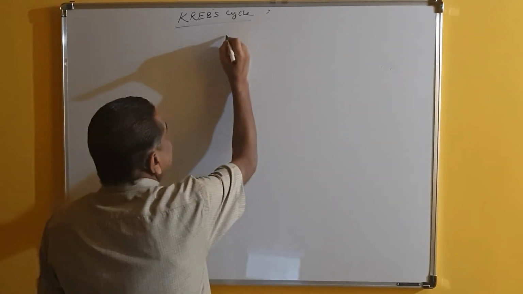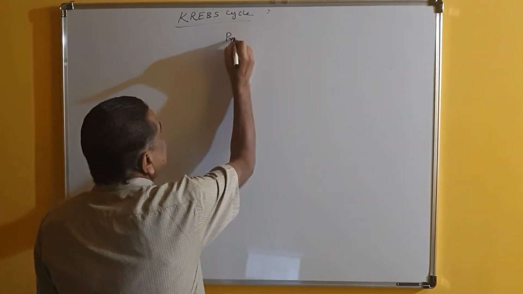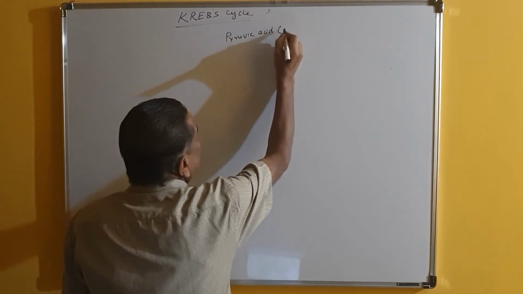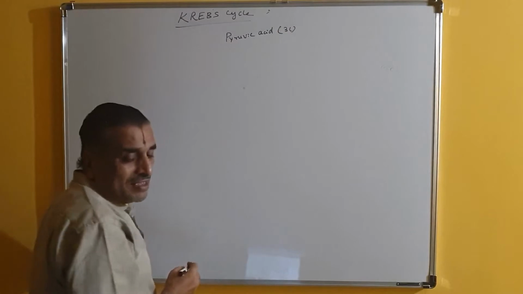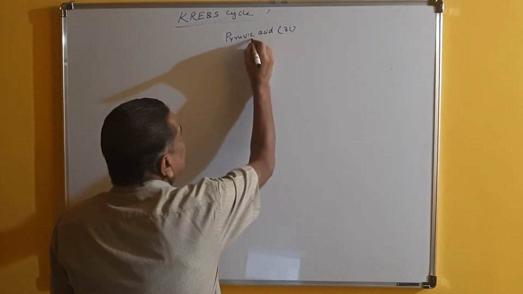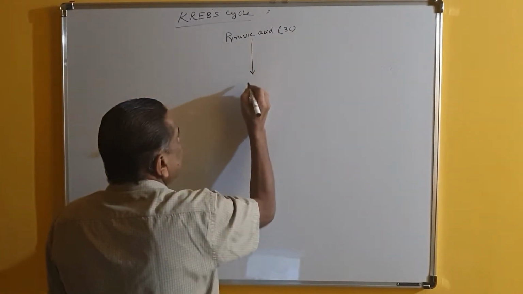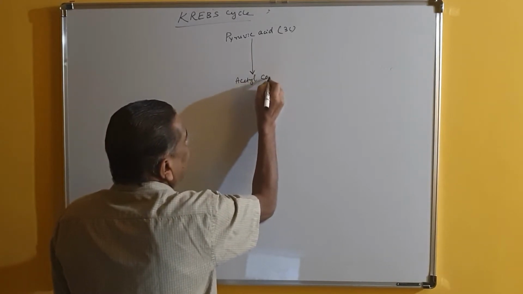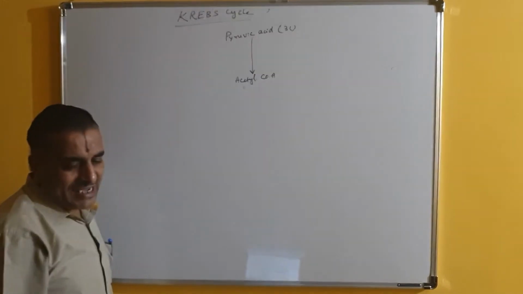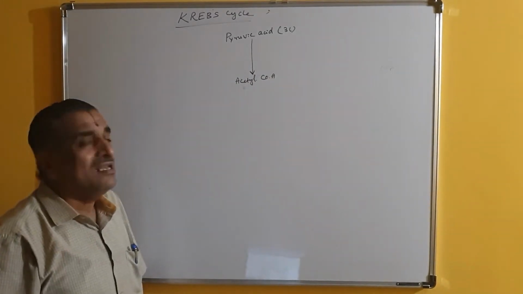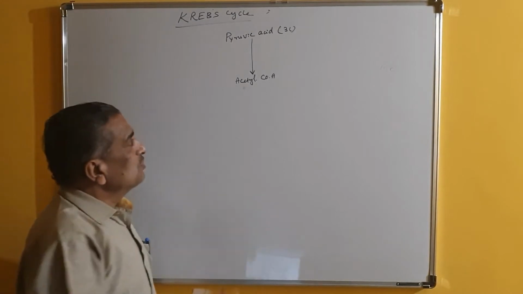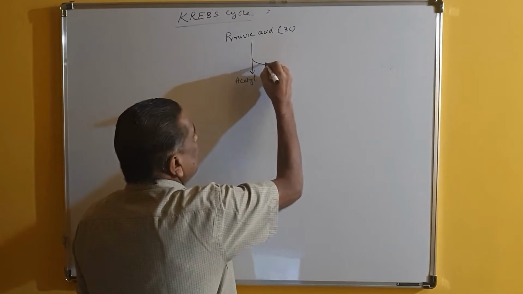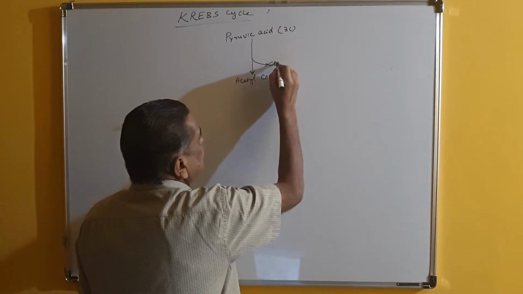Here we can see pyruvic acid, a 3-carbon compound. Pyruvic acid is converted into a compound known as acetyl-CoA. I am writing it here. Acetyl-CoA means acetyl coenzyme. During this, one molecule of carbon dioxide is released.